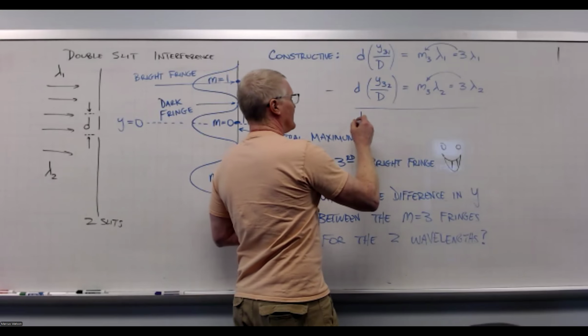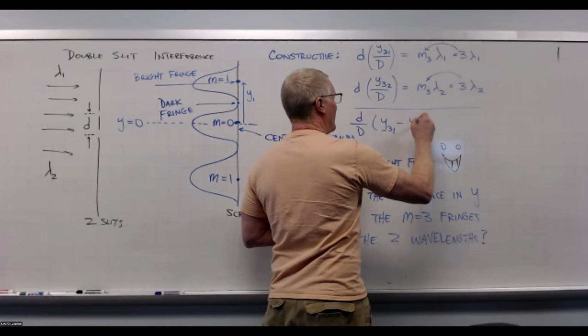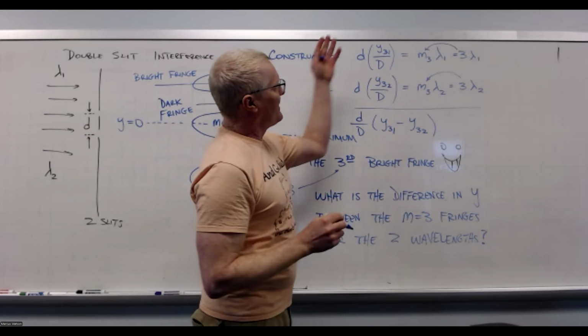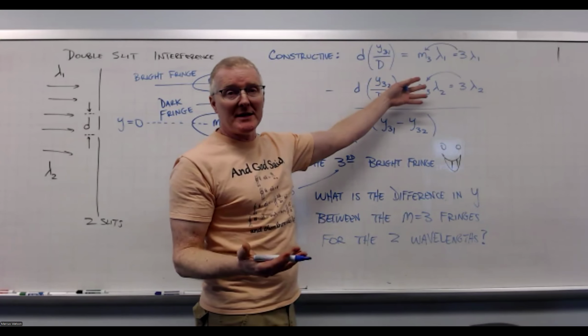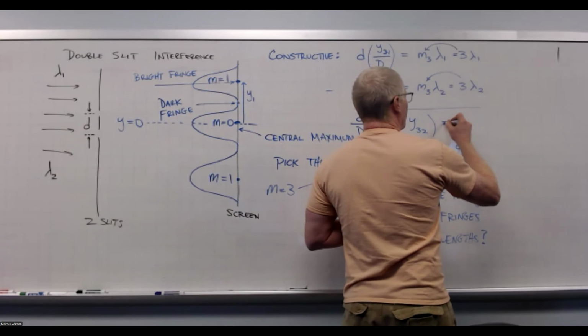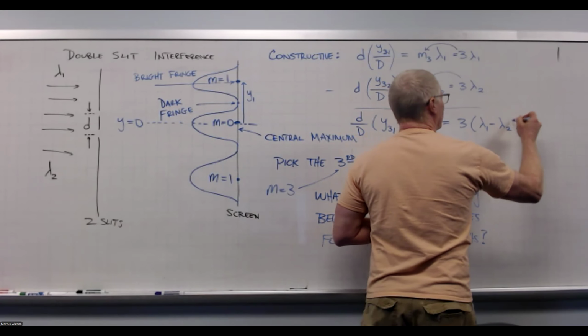I'm going to get d over d times y31 minus y32. And then on that side, the 3 is still the same because that's the fringe number. So I'm going to get 3 times lambda 1 minus lambda 2, like so.